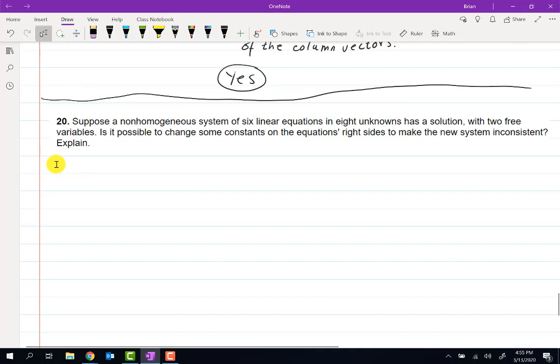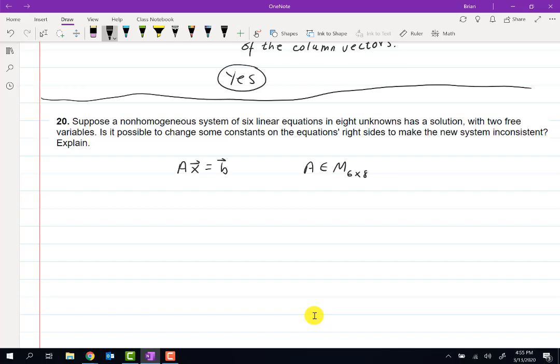Okay, we have a non-homogeneous system of 6 linear equations in 8 unknowns. So what I have is a system like this. Non-homogeneous means that B is not the 0 vector. Okay, A is what? 6 equations, so 6 rows and 8 unknowns, 8 columns.